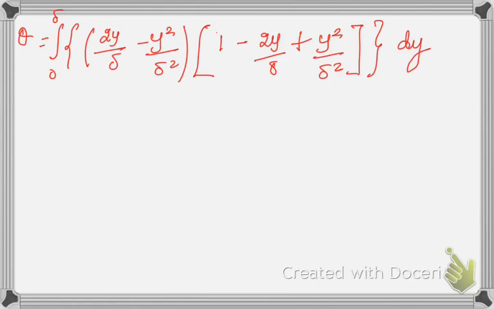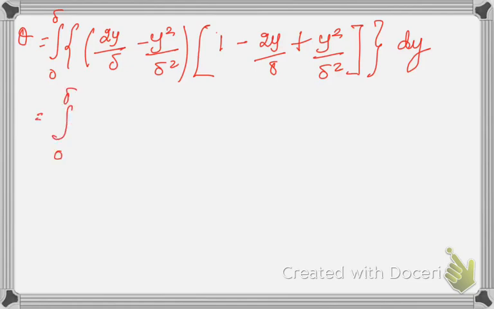Now I am going to multiply each term with each term, first 2y by del into 1, then 4y squared by del square. Like this I am going to multiply each and every term with each and every term.